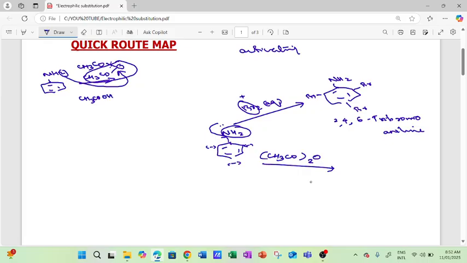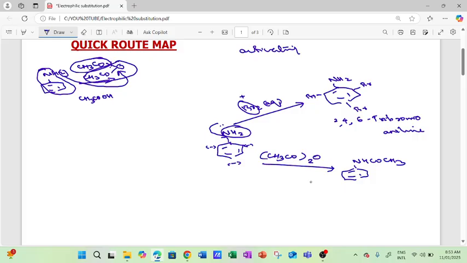The remaining part of the compound is benzene with NH, and that NH is connected with COCH3, which is an amide called acetanilide. And this is the first product.